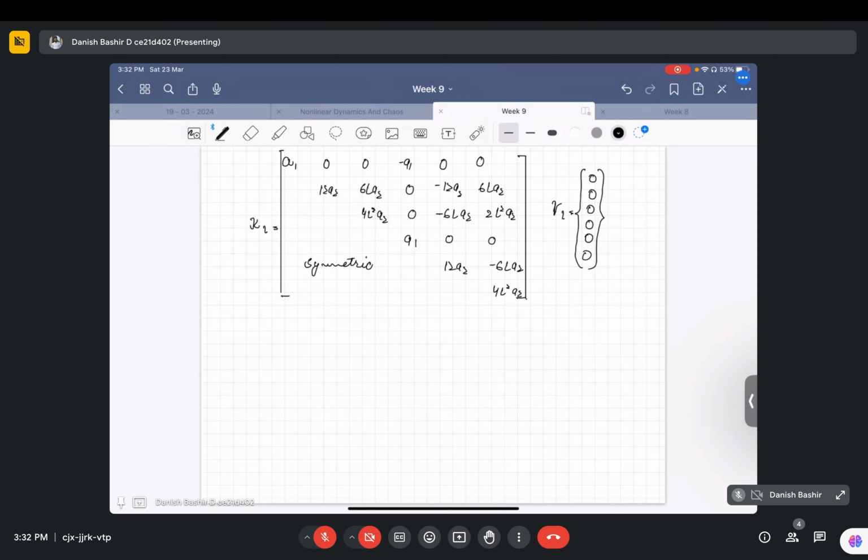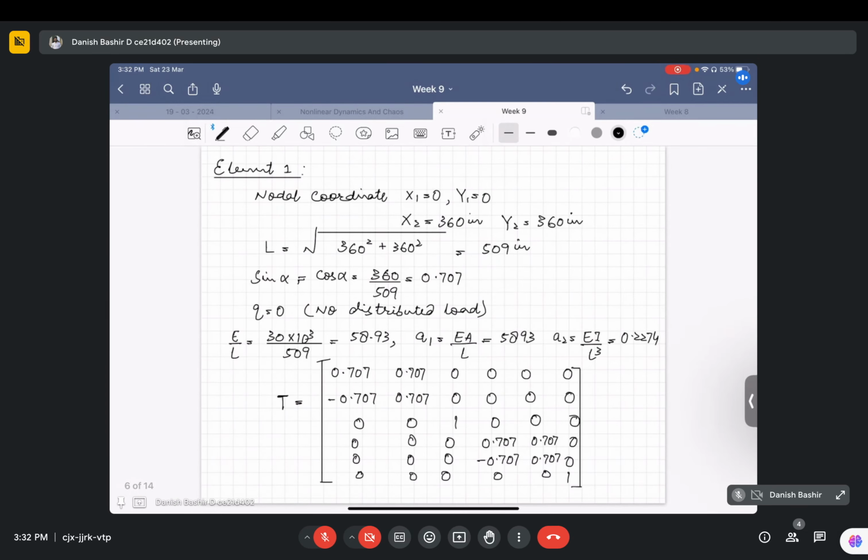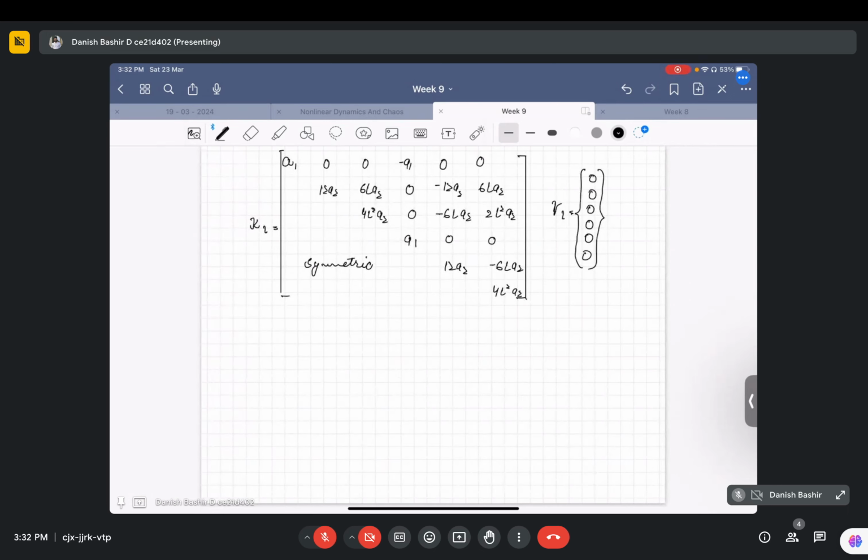So to compute directly, we have to multiply the transpose of the transformation matrix with KL, then again multiply by T. That is, K is the transpose of T times KL times T. The values that we will get are 2947.6, 2944.9, minus 491.05.